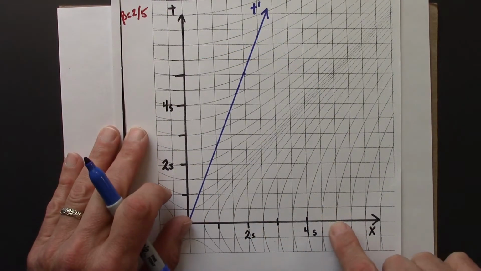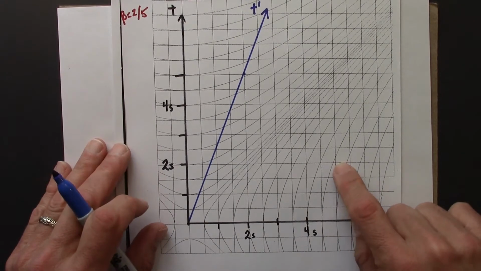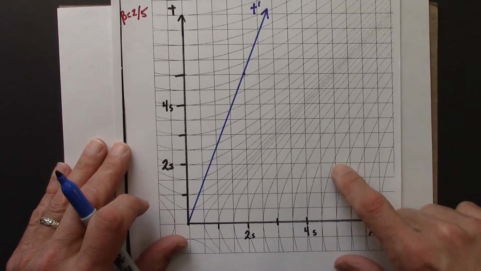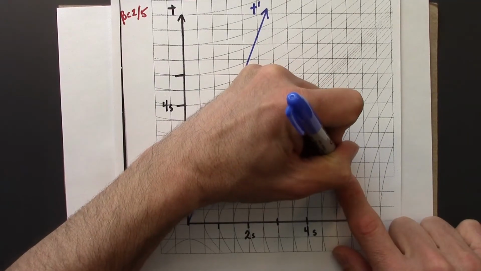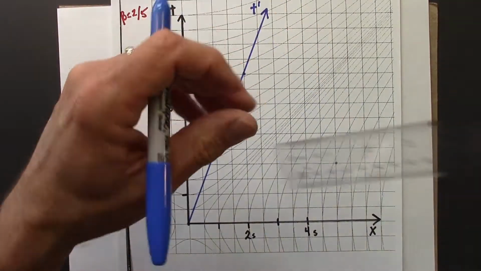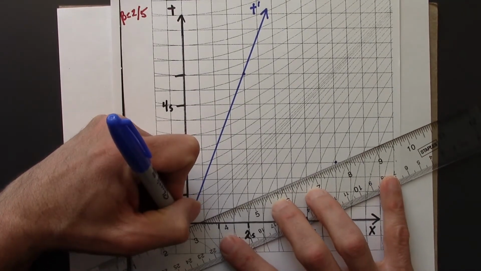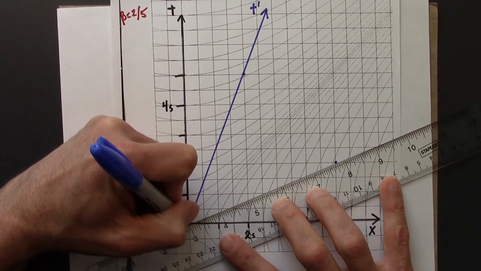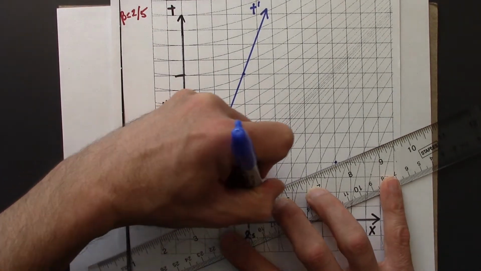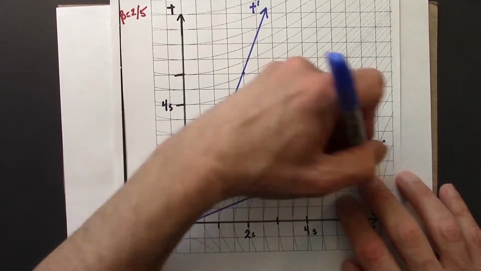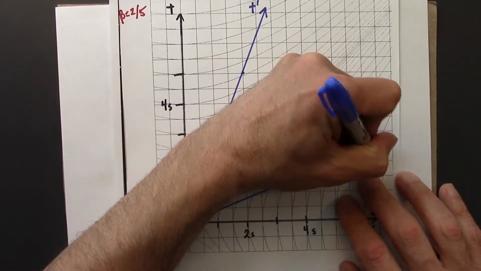So that would go over 5 and up 2. That's 2, 4, 5, up 1, 2. It's going to be that point there. So let's draw this on. All right. So that is x'.